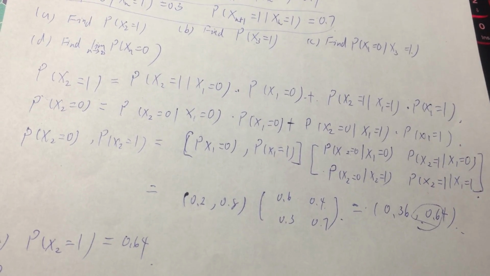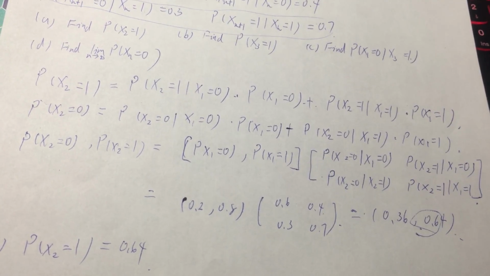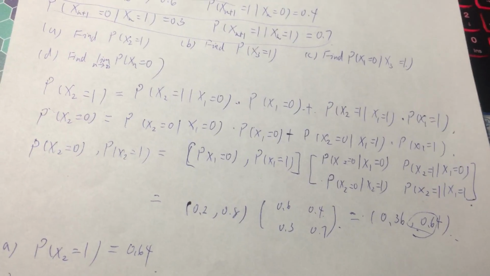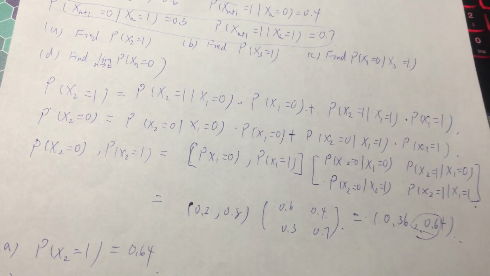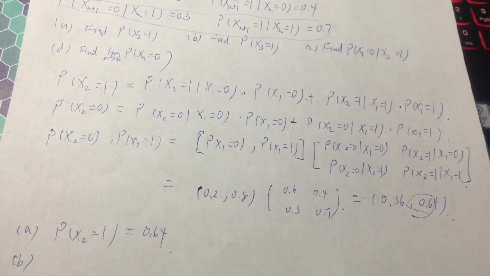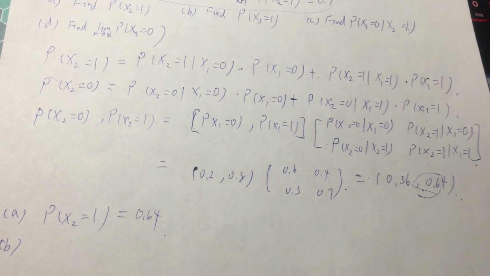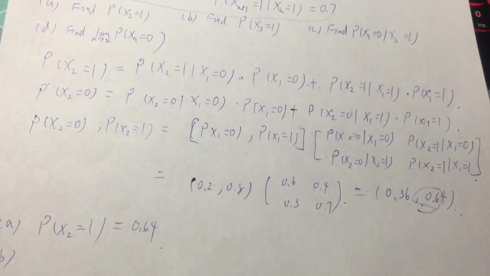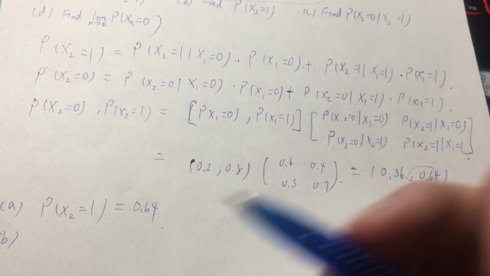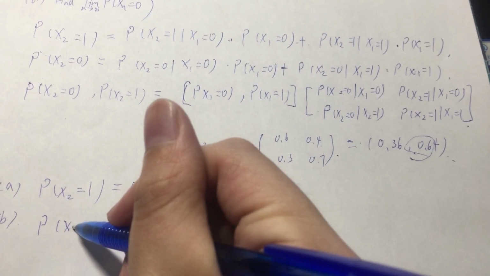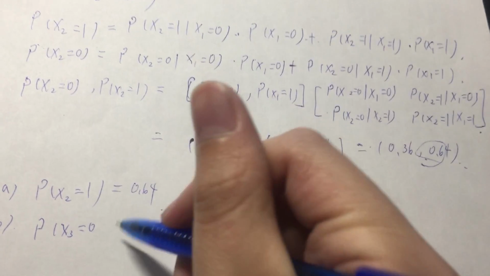It is a little similar to part A above. So we can list a function like P(x3).